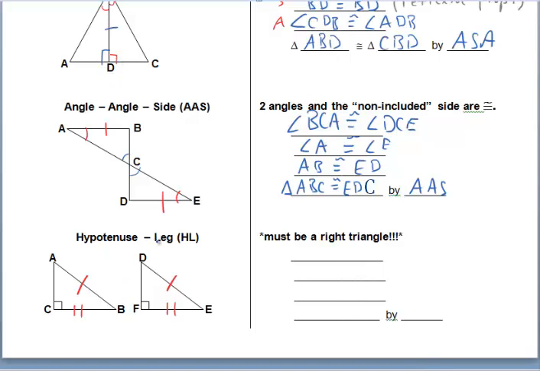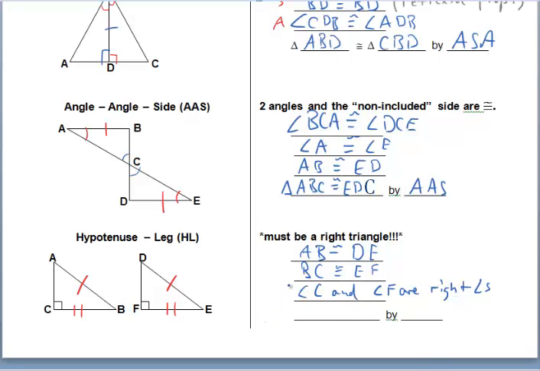So HL stands for hypotenuse leg. Here I have my hypotenuse congruent, AB and DE, and then I've got a leg marked congruent, CB and FE. So since I have a hypotenuse leg congruent, I know this will be the HL. So AB is congruent to DE, and then I've got side BC is congruent to side EF, and lastly, yes, I have right angles, so angle C and angle F are right angles.